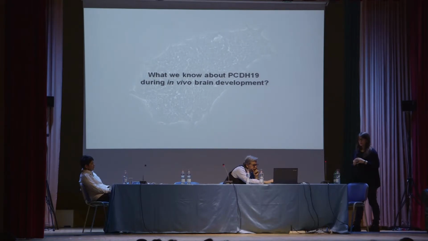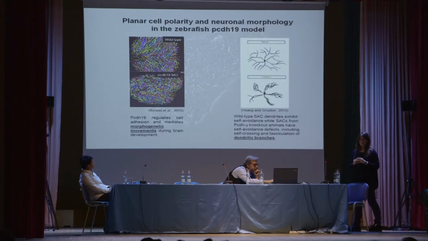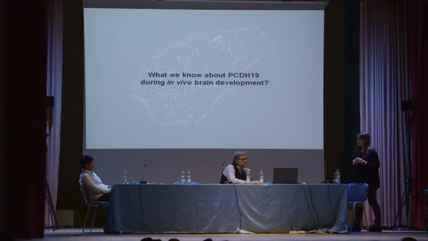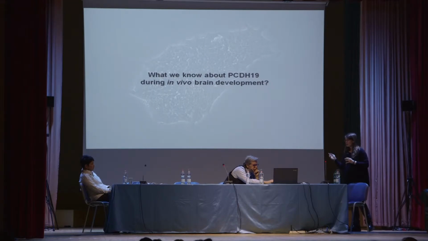And what we know until now about the in vivo role of PCDH19 is something that we have derived from the zebrafish model. Maria also showed something more about the mouse model, which allows us to understand this function.